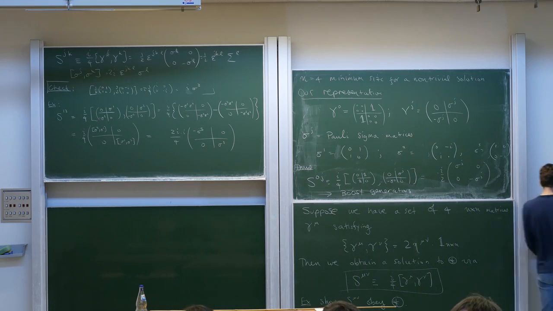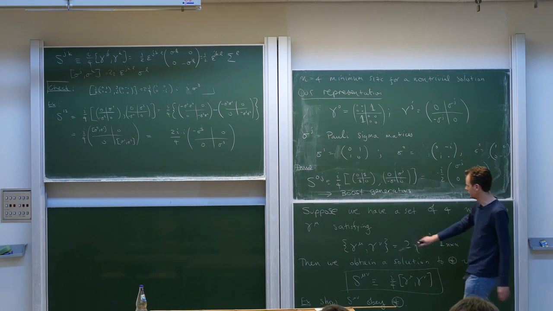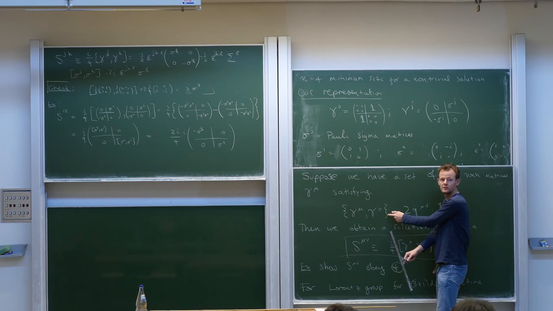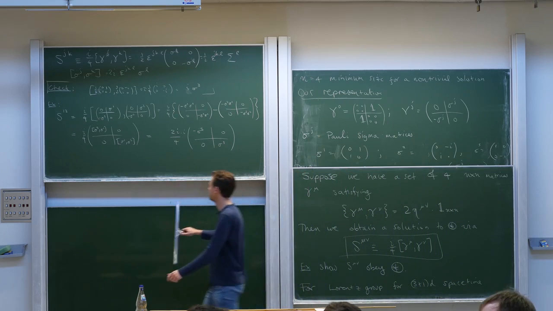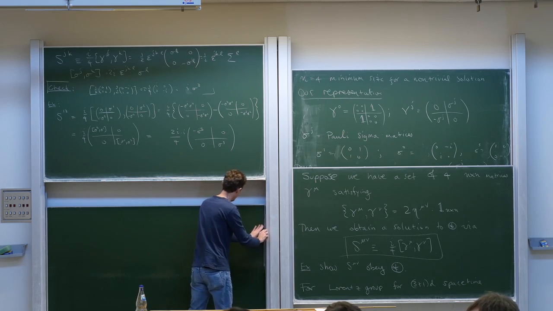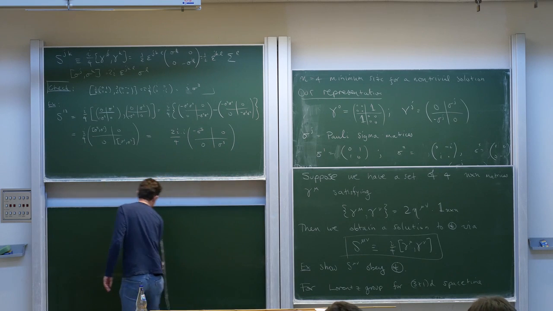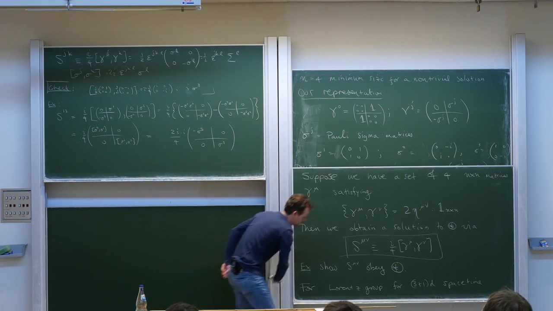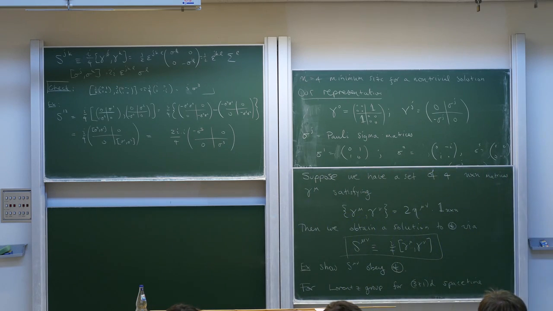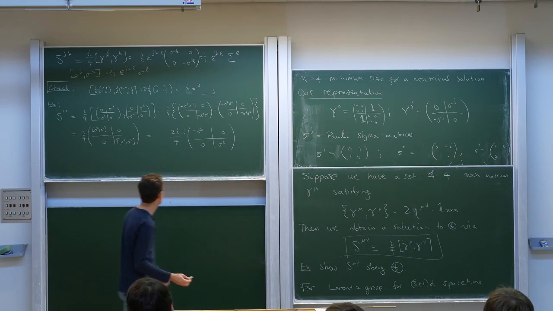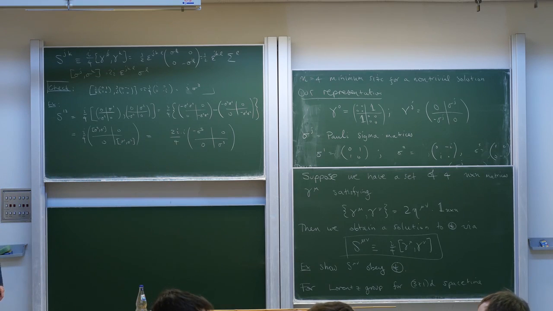So I'll say a couple of words about how you might build matrices that satisfy these anti-commutation relations. Just a couple. And to do this, we use a trick called the Jordan-Wigner transformation. It's a sufficiently nice trick that I think it's worth telling you about it.